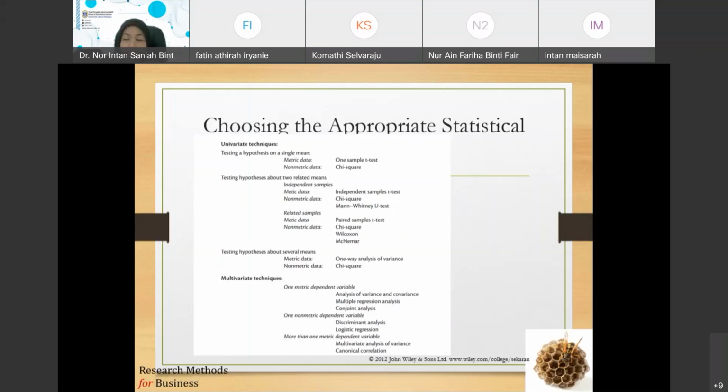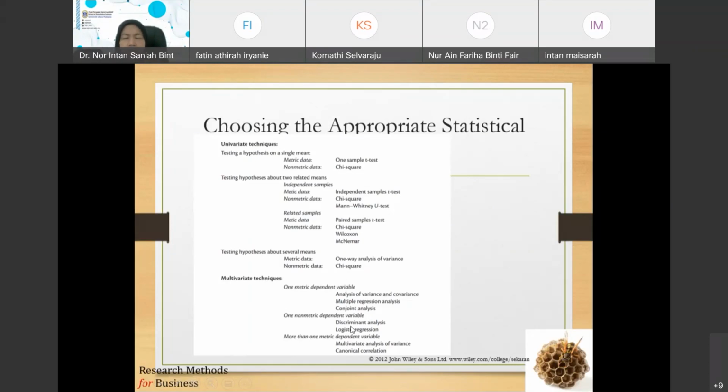If you want to do multivariate, you have more than one variable. We can have one metric dependent variable, or one non-metric, or more than one metric. Maybe you know all of this, but you don't know the upper part.